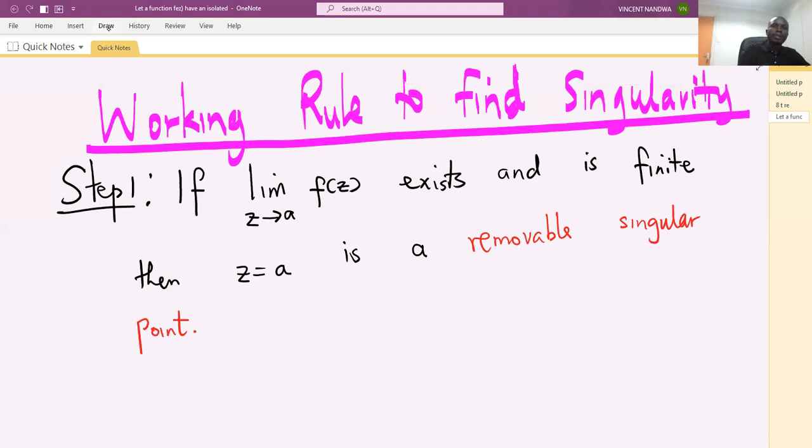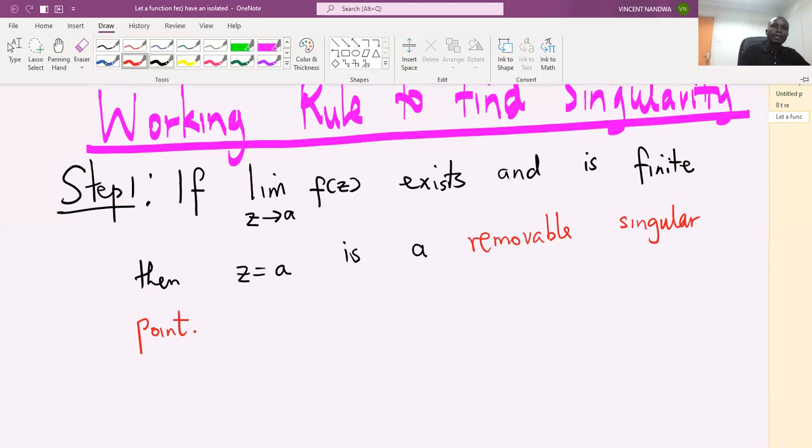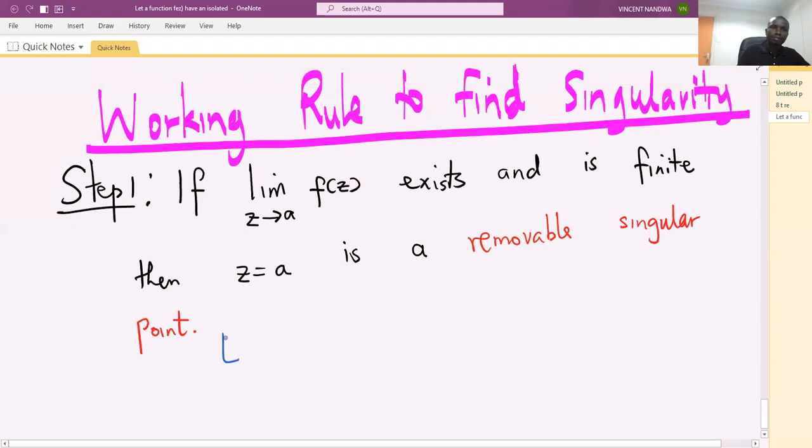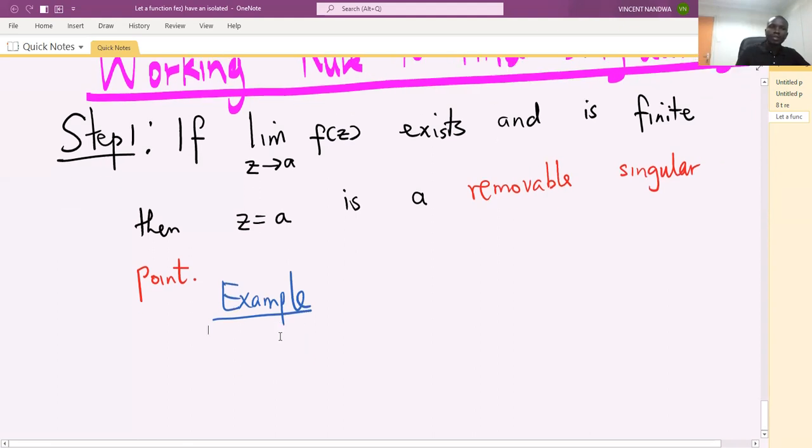For example, if we have the function f of z given by sine z over z at z equals to 0.